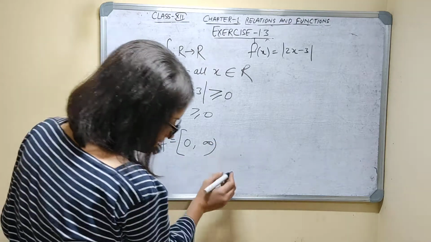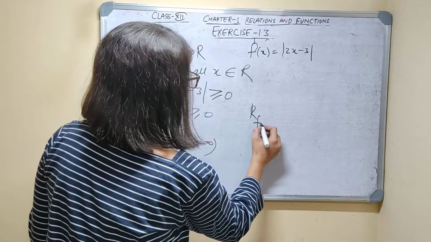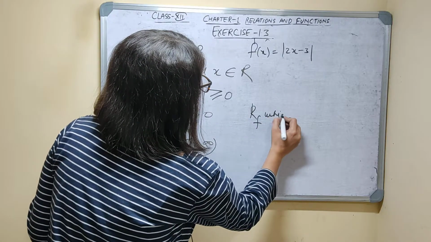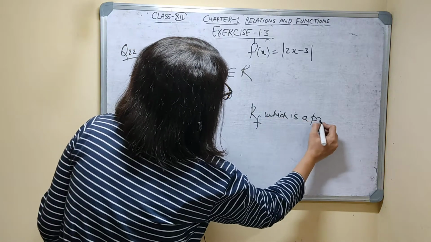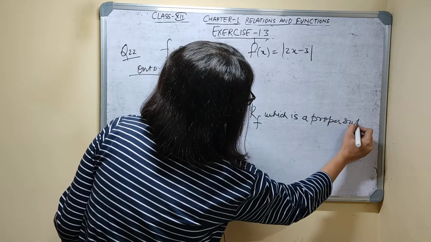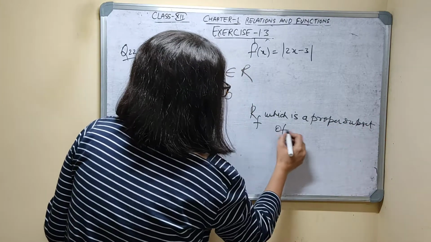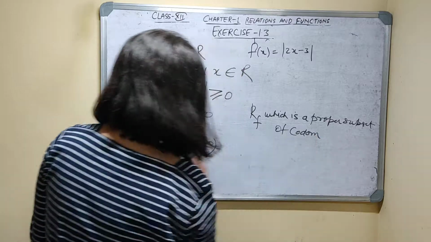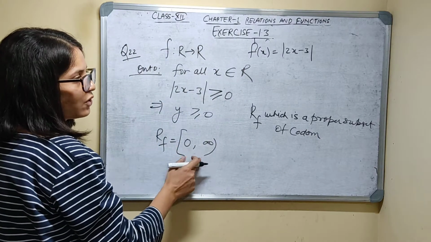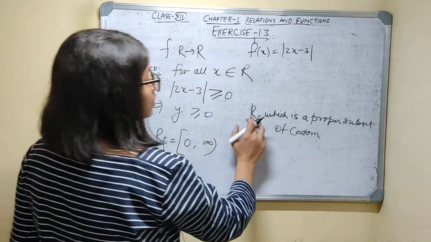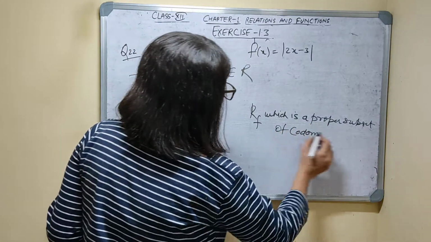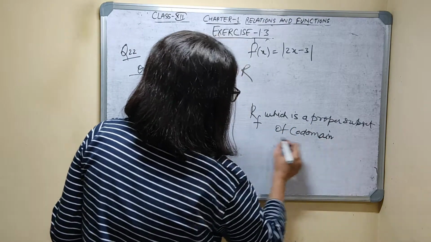So the range of the function is a proper subset of the codomain. It is not equal to the codomain because the values are from 0 to infinity. All real numbers are not covered.